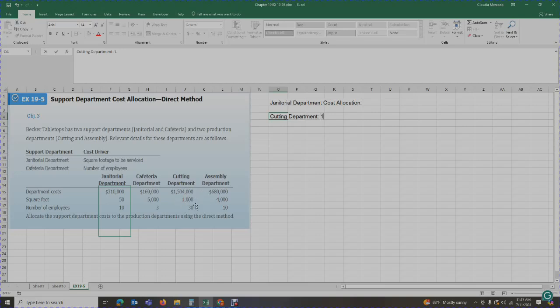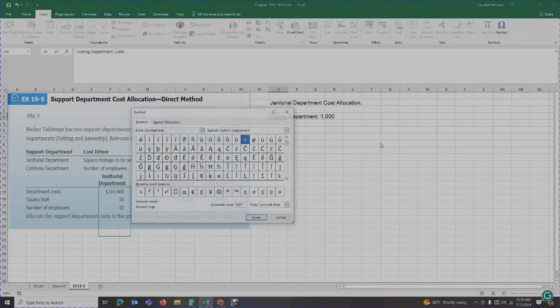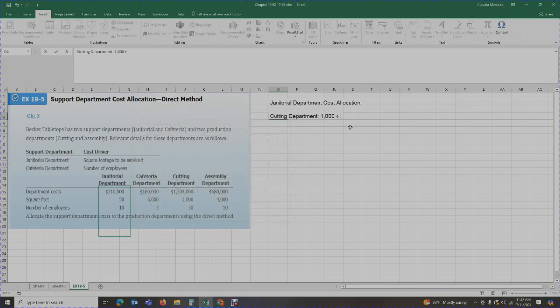We're going to start off with the 1,000 square feet, and I am going to divide that by the total square feet of the two production departments. We have 1,000 square feet for cutting plus 4,000 square feet for assembly.